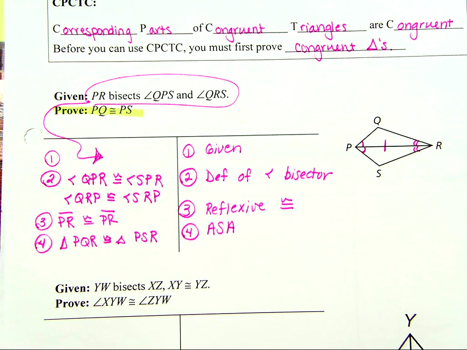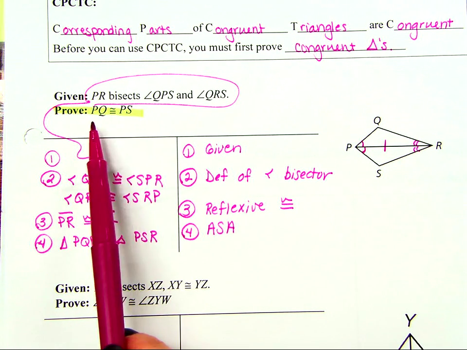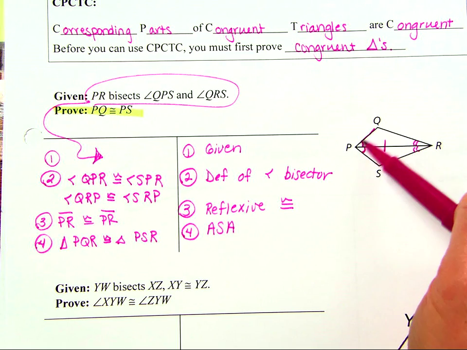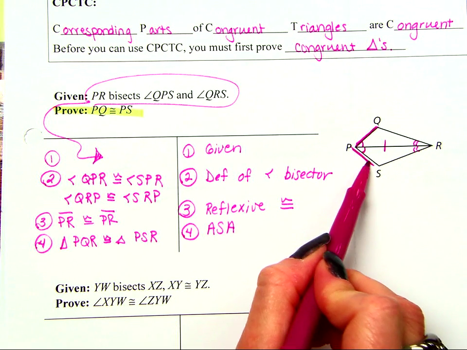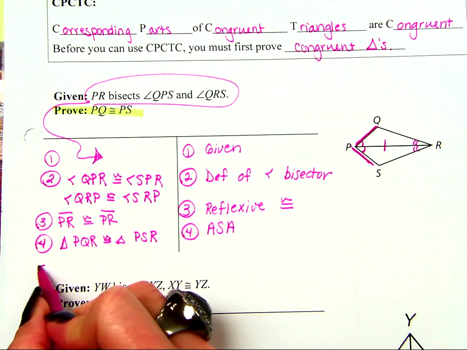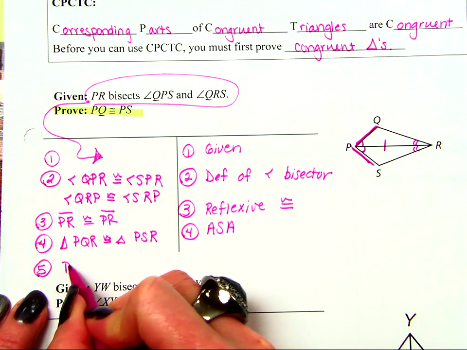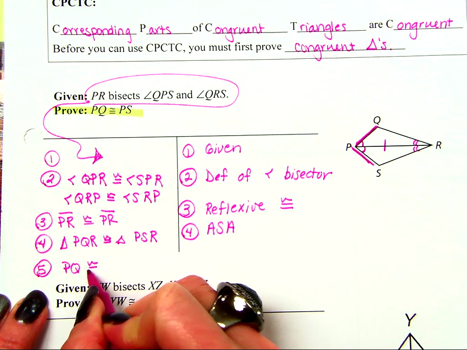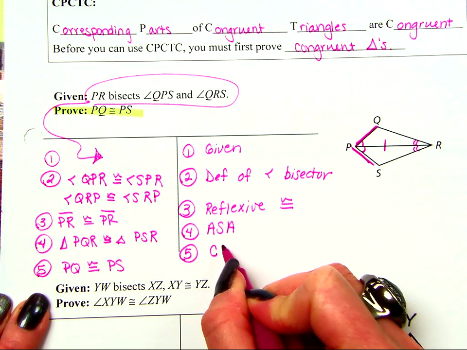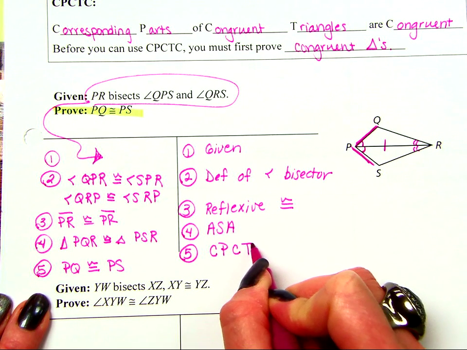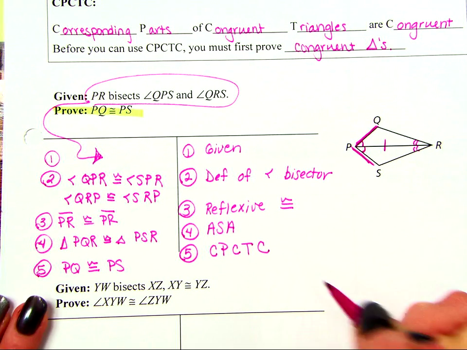Now I'm not finished because what I'm actually trying to prove is that my segment PQ is the same length as my segment PS. But now I'm going to go ahead and say we can prove PQ must be congruent to PS because the corresponding parts of congruent triangles are congruent, or CPCTC.